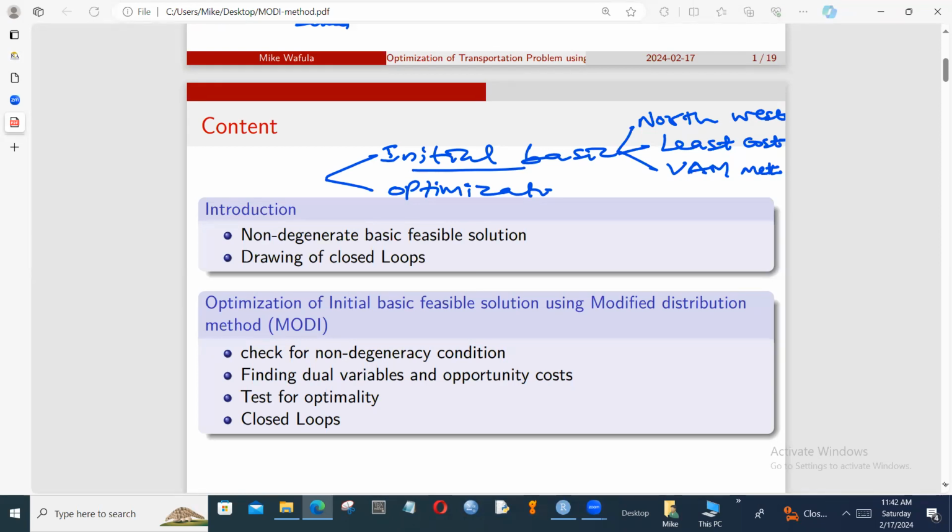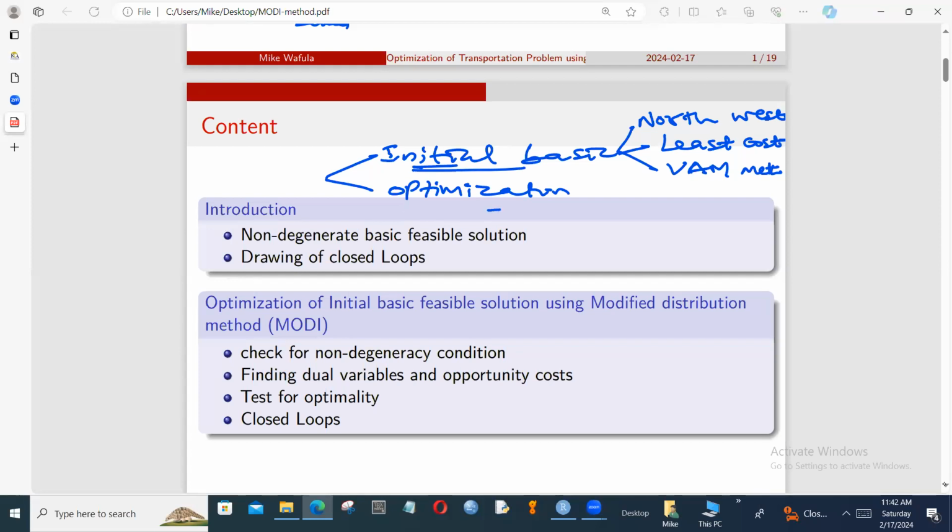It's good to understand how to get the initial basic solution before optimization. Just like determination of the initial basic solution has several methods, one of them being the northwest corner method, the least cost cell method, and the VAM, there are also a variety of methods used in optimization of a transportation problem.